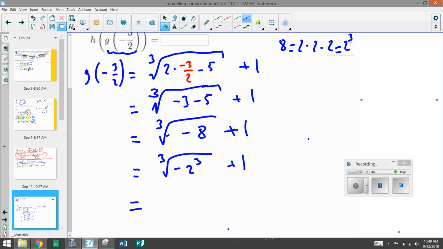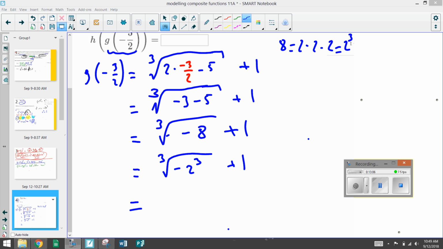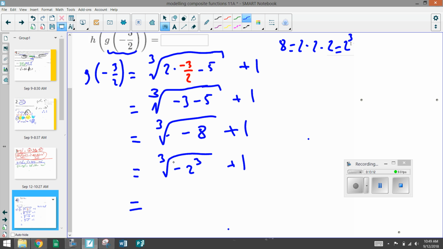What is next? Just simplify. The 3 cancels out. I'm going to show you why later. Is that 3 the outside 3? Yes, both 3, both cube root. When is the outside an exponent? Are we supposed to square negative 2?